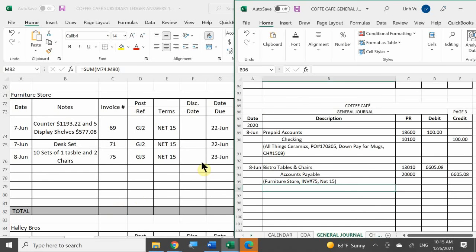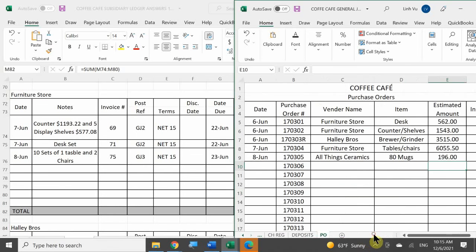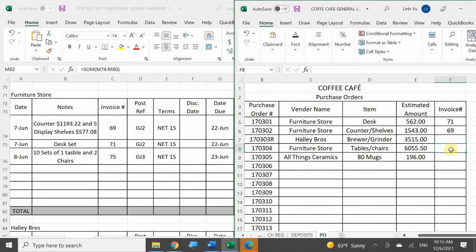Last thing that we need to make a note of here is, did we receive our items? Yes, we did. So update your purchase order saying, yes, I received my tables and chairs. It was for a grand total, the invoice for 75.